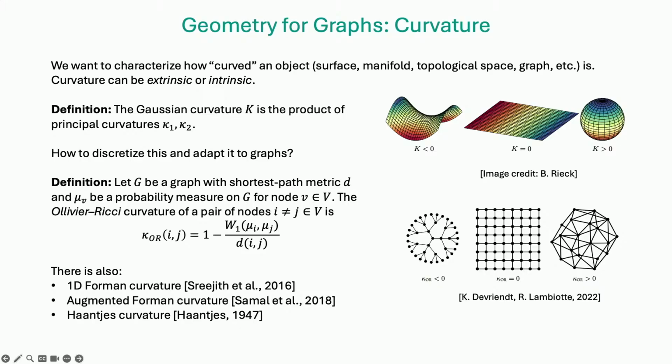This is the whole idea and motivation behind defining some kind of curvature. Curvature can be extrinsic or intrinsic. Extrinsic curvature means that your curvature relies on the embedding space that you're targeting, so this idea can change depending on which space you're mapping to. Or it can be intrinsic in the sense that it's a property preserved by the object itself, and it doesn't matter what embedding space you're looking in.